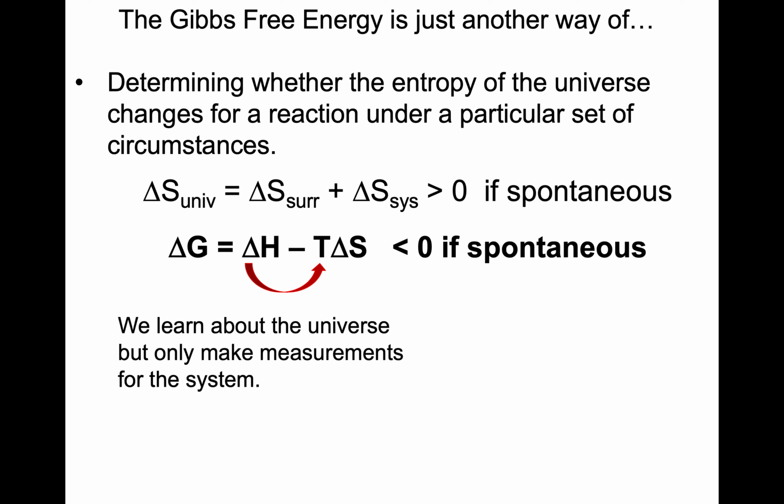This has implications now for the surroundings, and then we take that temperature term and we just slide it over here. We are learning about the universe, but we only make measurements for the system that is at hand. That's a really powerful idea. I find that when this temperature gets switched over here, in some ways, it loses the insight that that temperature was really in terms of how it was involving the enthalpy change for the system and what that meant for the surroundings.